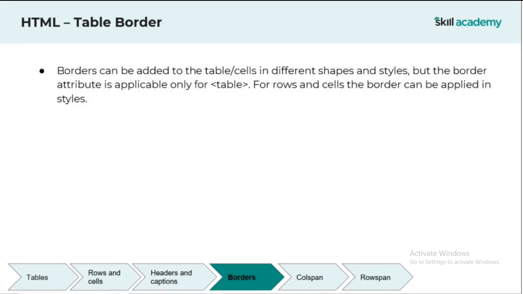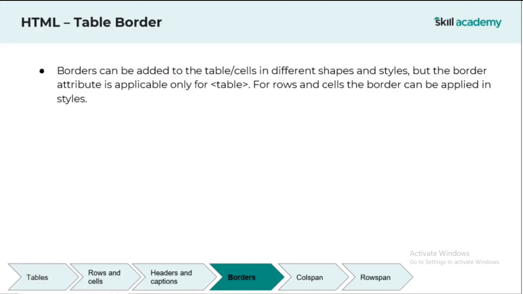So borders can be added to the table cells in different shapes and styles, but the border attribute is applicable only for table tag. For rows and cells, the border can be applied in styles. And this part later on we will be discussing using CSS.